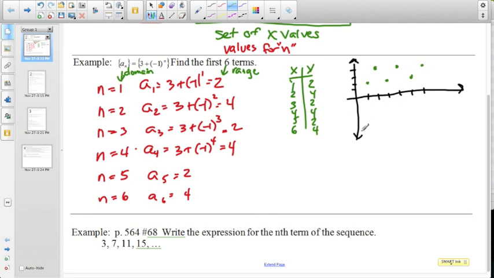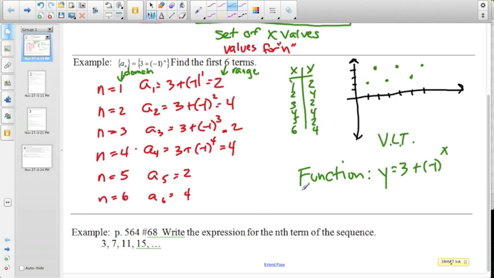If we look at a vertical line test, it passes the vertical line test. For every input, there's exactly one output, so it passes all of those characteristics that we refer to as a function. And so we can really write this as, for instance, y equals 3 plus negative 1 to the x power. We can write that in function notation. So that's what that statement is getting at.